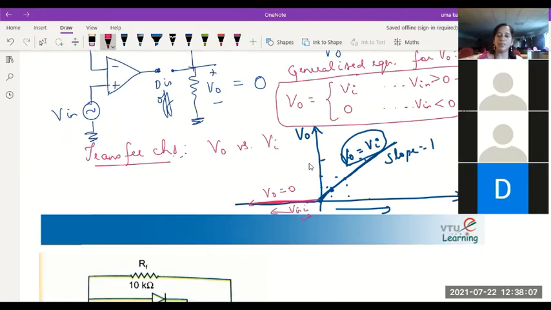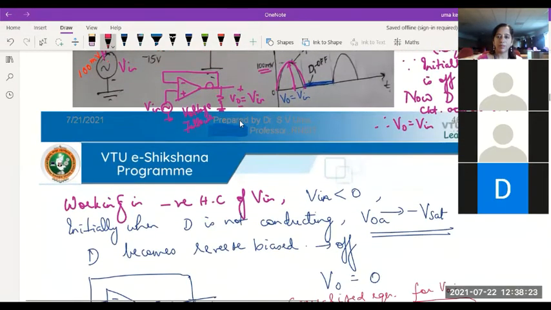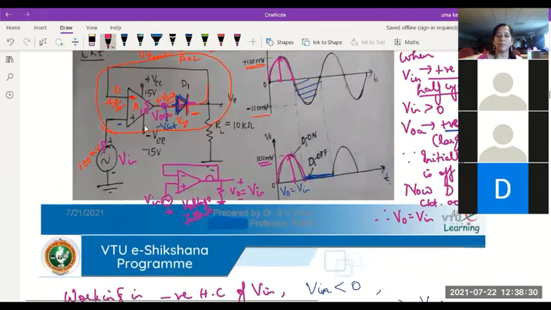What do you think will happen if I reverse the diode? Anybody? If I reverse the direction of the diode here, what will happen? Very simple. It would work for the negative half cycle. Exactly. It would work for negative half cycle of the input.